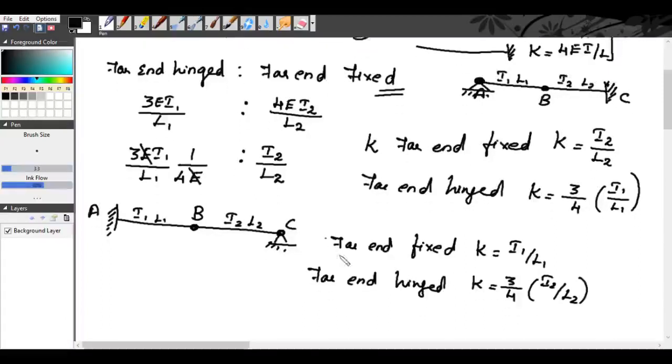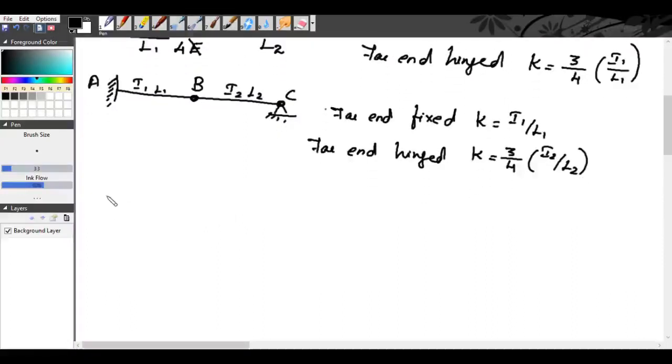Before moving to the problem, I will tell you the steps necessary for solving indeterminate beams using the moment distribution method. Step 1, calculate the fixed moments.